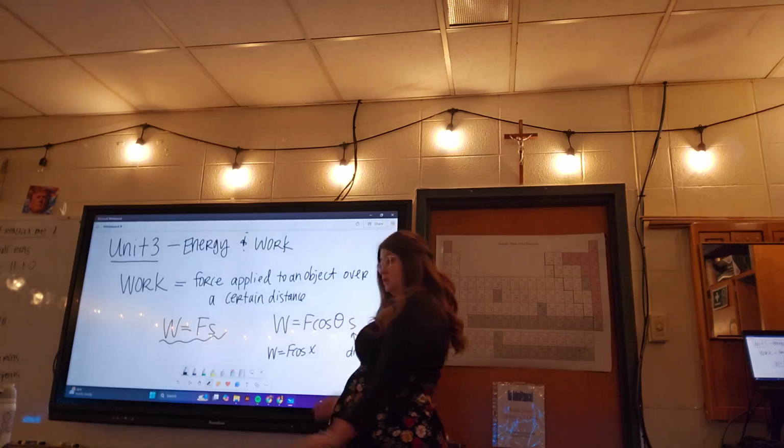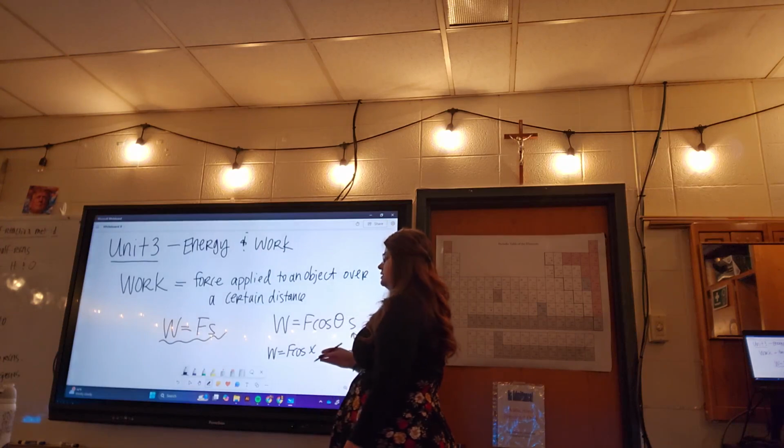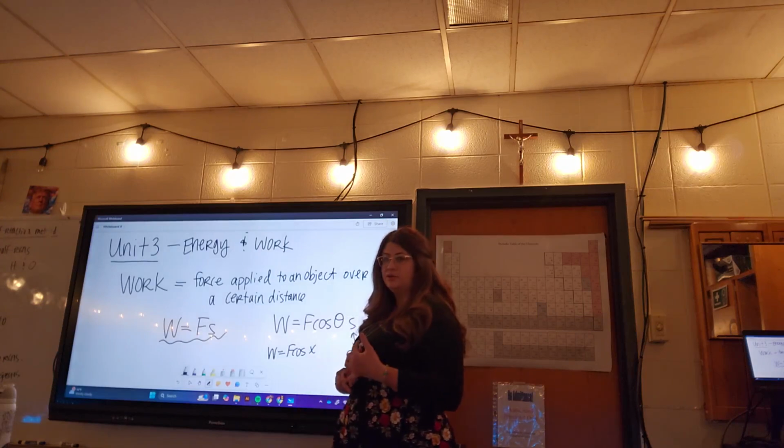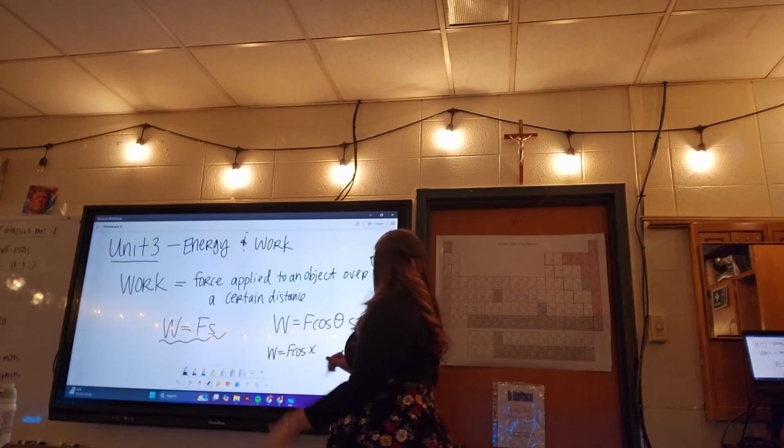Okay, so the unit for work, and now here's another W. So now we not only have weight as a W, but we also have work as a W. So context is really important.